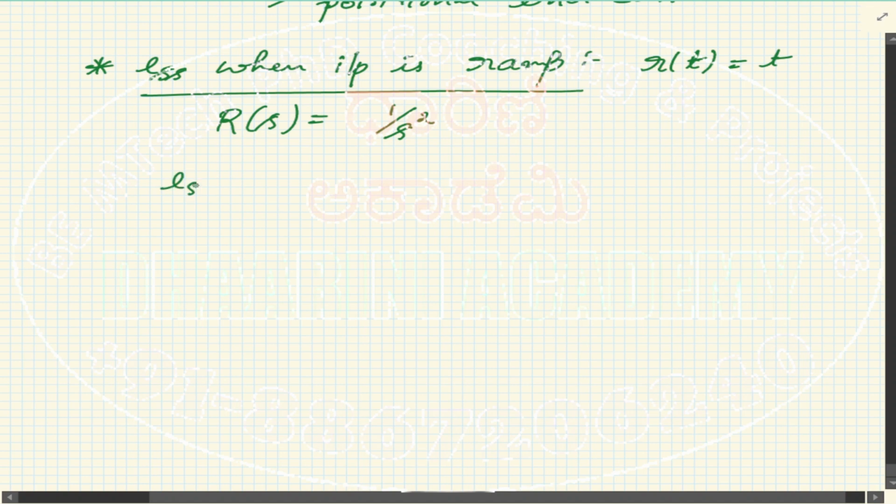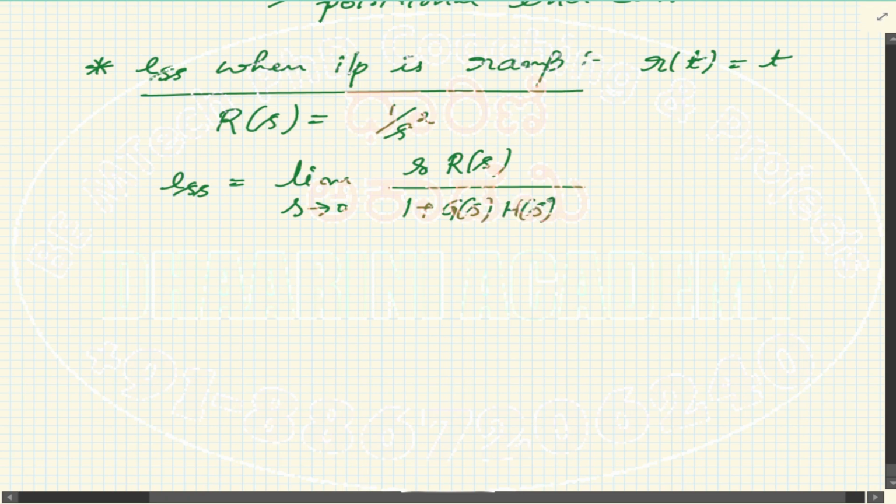Let us calculate the ESS now. Let's write the definition first. This is limit s tending to 0 of s into r of s, whole divided by 1 plus g of s into h of s.